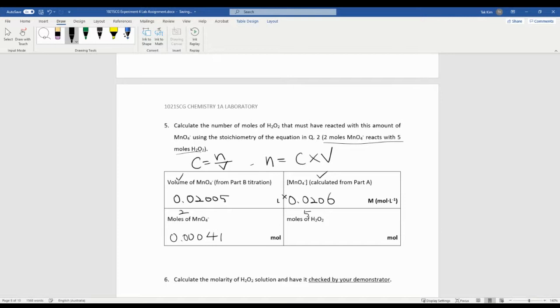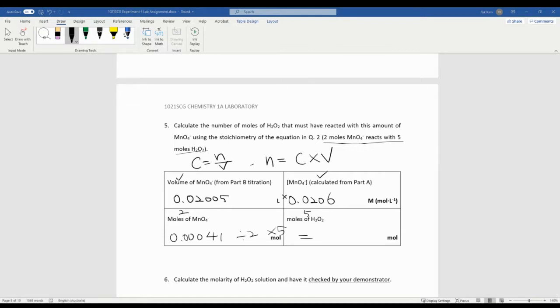So the stoichiometry ratio should be 2 to 5. So to find the number of moles of your hydrogen peroxide, you need to use this ratio. So once you have this number, you'll need to divide by 2 first, and then times by 5 using the stoichiometry coefficient, and you should be able to find out the number of moles of your peroxide.